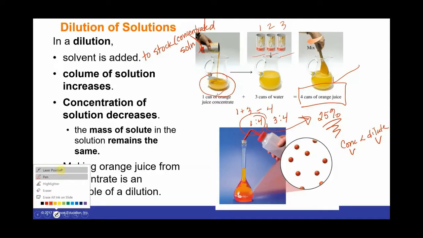So the amount of particles that are in our concentrated volume is the same number of particles that are in our dilute volume.